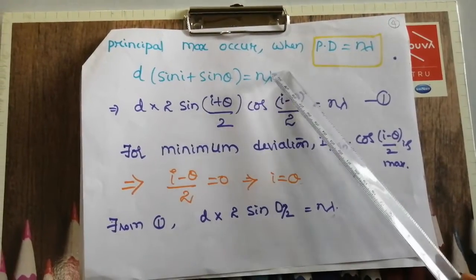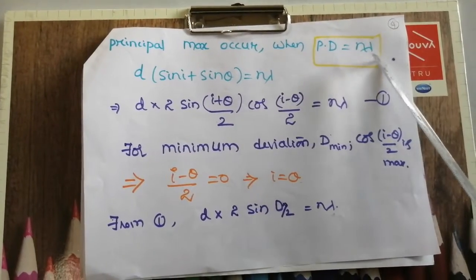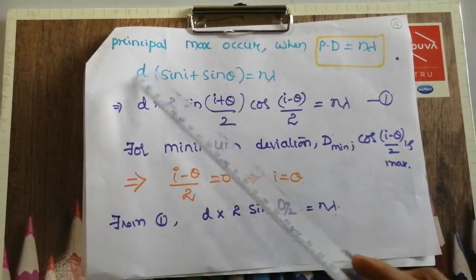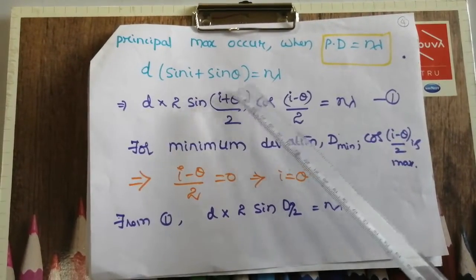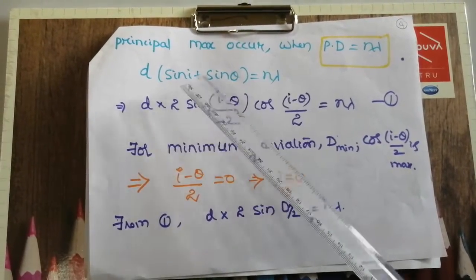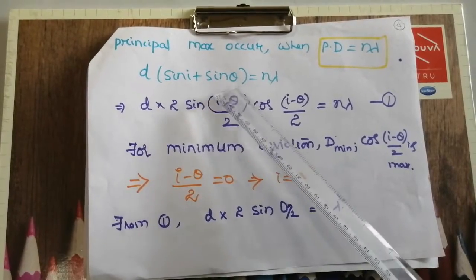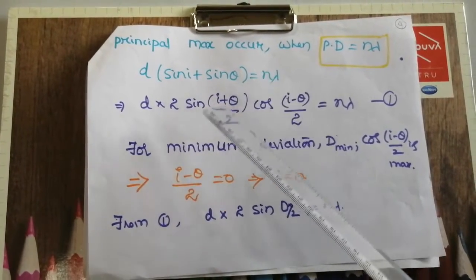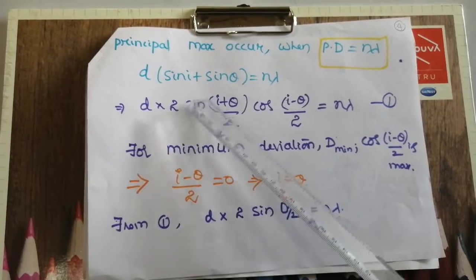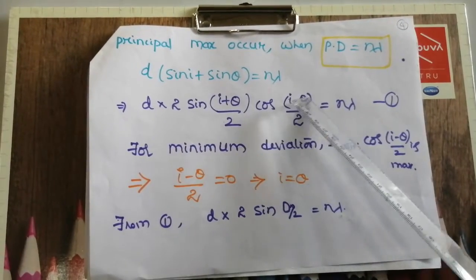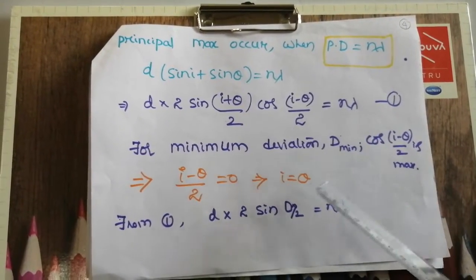Principal maximum occurs when the path difference equals n lambda. Here the path difference is (a + b)(sin I + sin theta) = n lambda. We know sin A plus sin B equals 2 sin((A + B)/2) cos((A - B)/2). So (a + b) times 2 sin((I + theta)/2) cos((I - theta)/2) = n lambda.